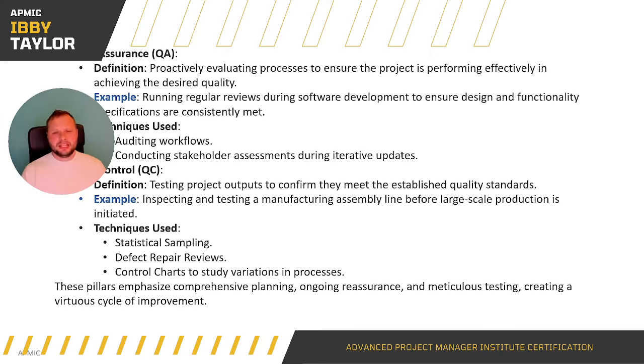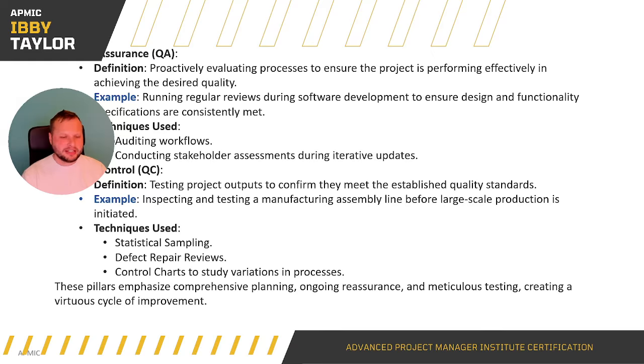So for example, with the FDA example that we had earlier, you're going to go through a project, you're going to be running QA throughout, making sure that everything you're doing is to the FDA standard, but at the end you're then going to run QC. You're going to run a review, a test, an inspection, whatever that may look like, to then put the seal of approval on it at the end of QC and pass it through quality control and say this has passed, this meets the standards, this is good to go.